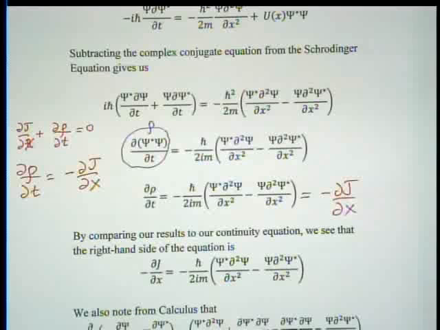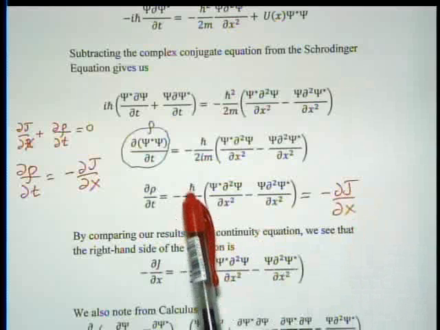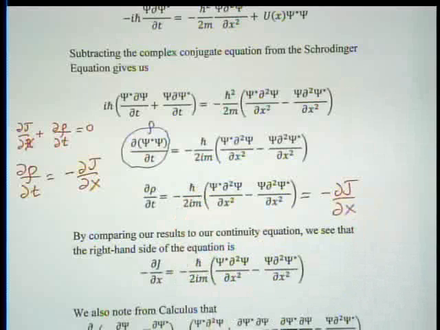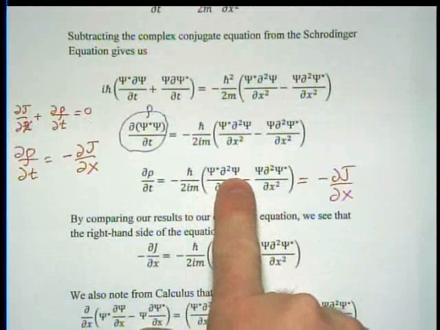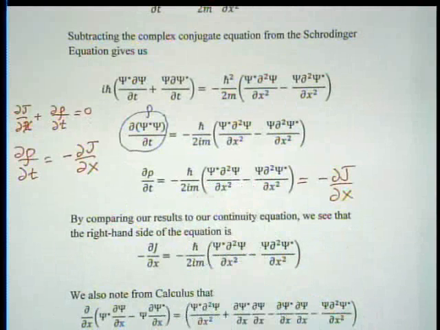Now my problem is I still can't identify j because I don't have a derivative here. But it's almost there. So I sit here and look at it for a minute and I say, hey, look, there's a second derivative, and I'd like to have a first derivative. If I took a first derivative and I took another derivative, I'd get a second derivative.